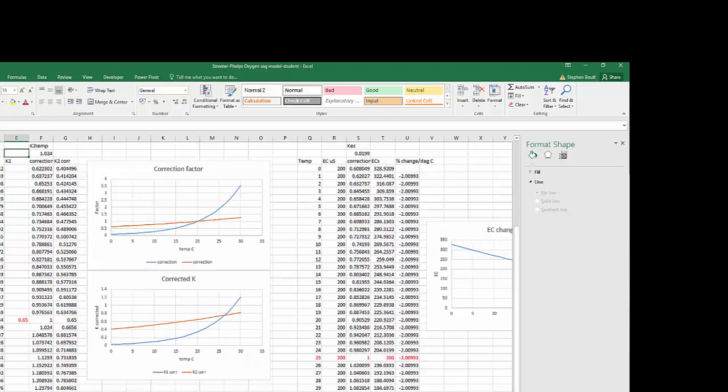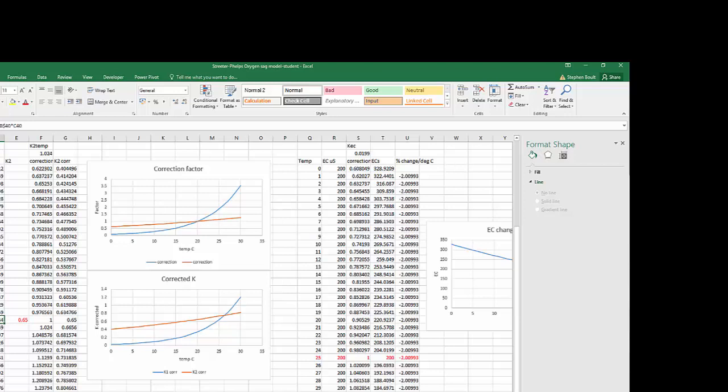If you were to make a measurement at the standard temperature, which is 20 degrees, then the correction factor would evaluate to be 1, so it doesn't change the K value. The K value at standard temperature is 0.34, and the correction factor evaluates to 1, so we multiply it by the correction factor and we still get 0.34.